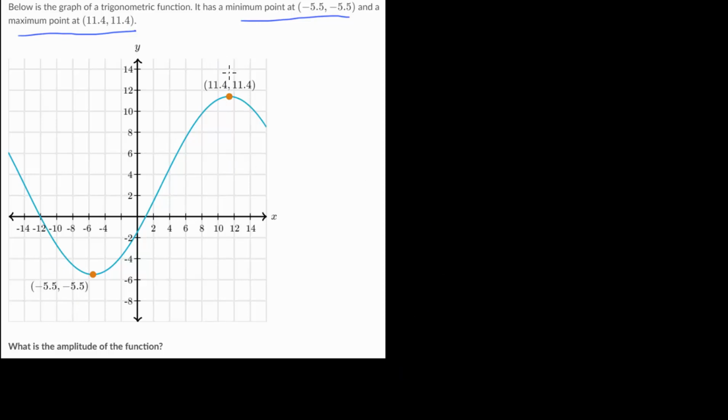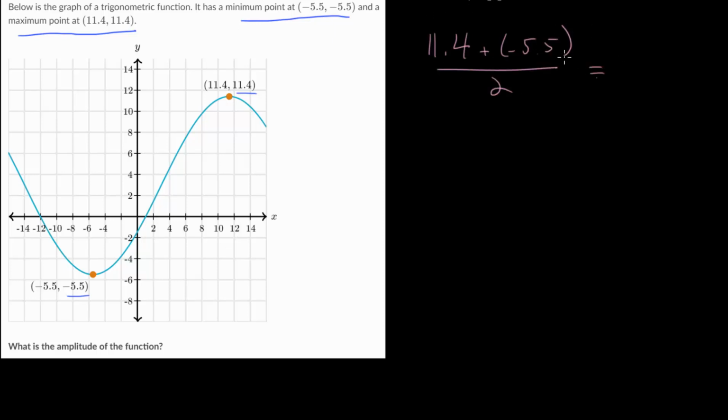And to figure out the value of the midline, it's exactly in the middle of the y values for the maximum and minimum points. And if we want to figure out a value in the middle of two numbers, we can just find their average. We can add them together and then divide by 2.